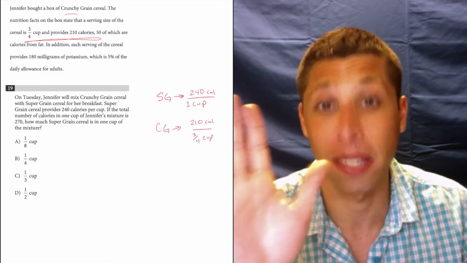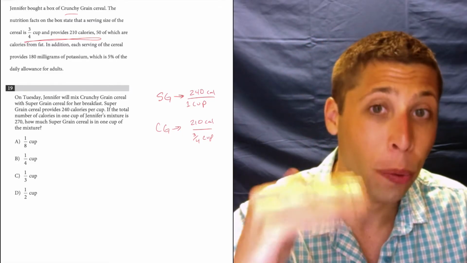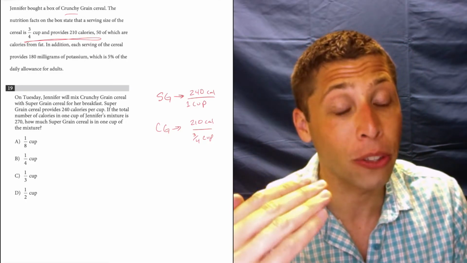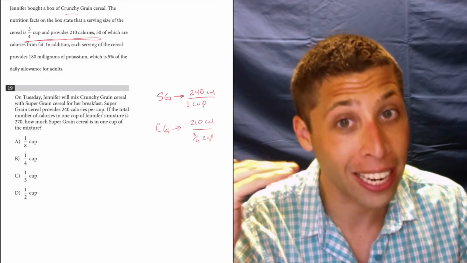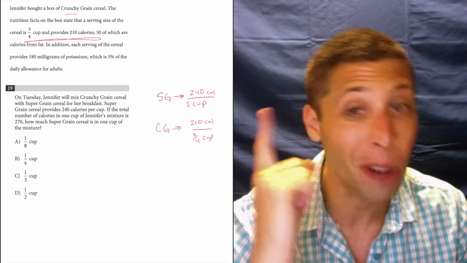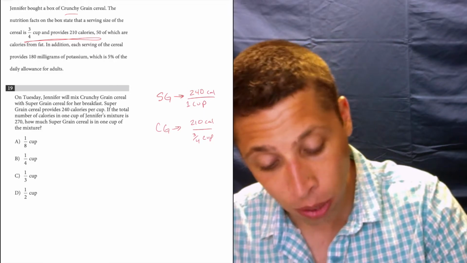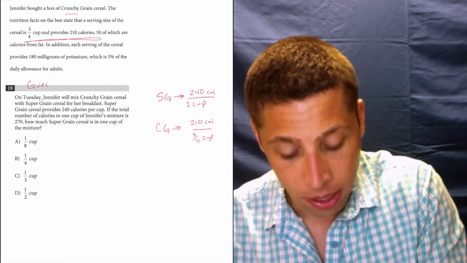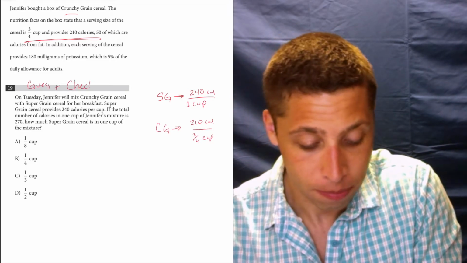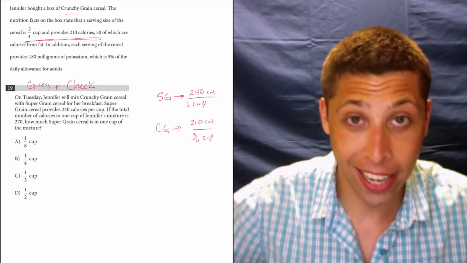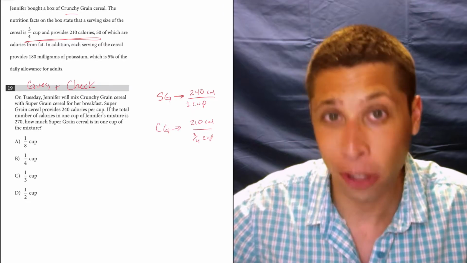I don't trust myself. I would rather work with numbers and take it one step at a time, instead of building an equation where I've got to take all of this into account at once, and if I mess one thing up, I'm not going to notice it. So let's guess and check. Let's pick an answer choice and see what happens. And I always pick B to start.